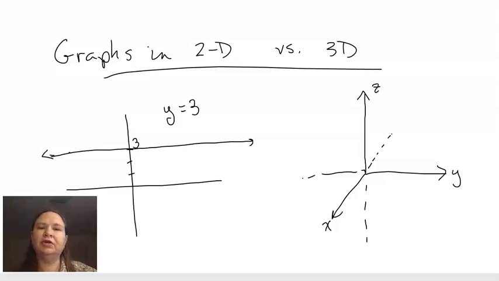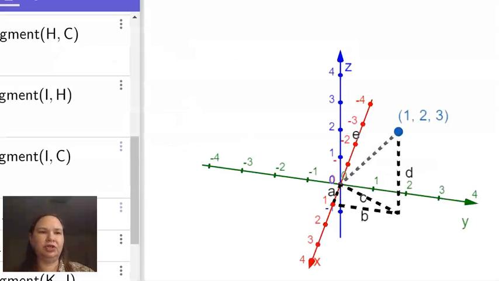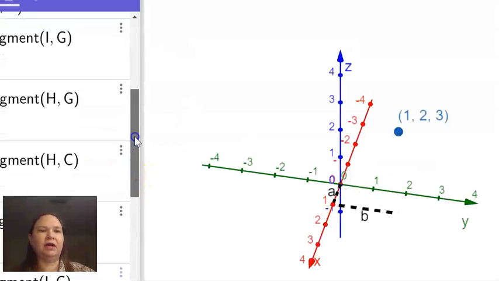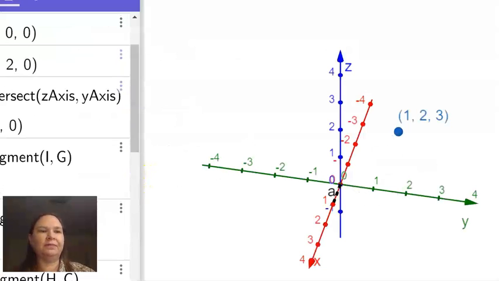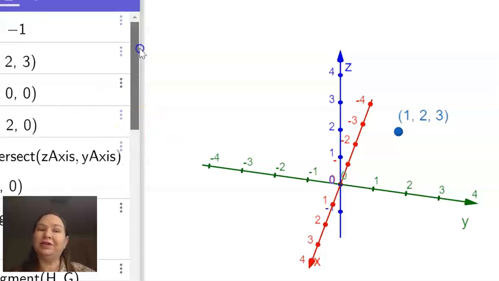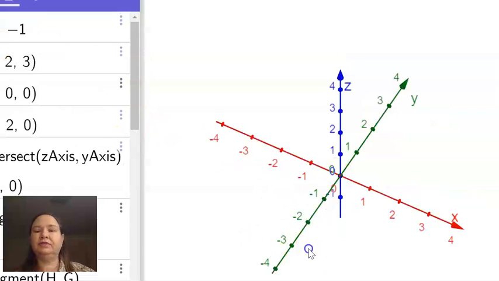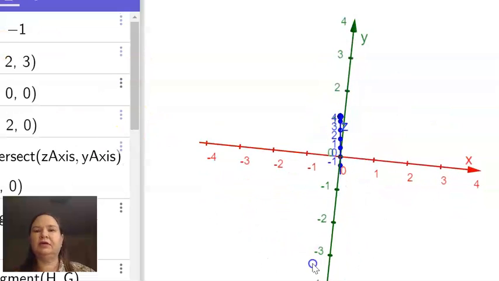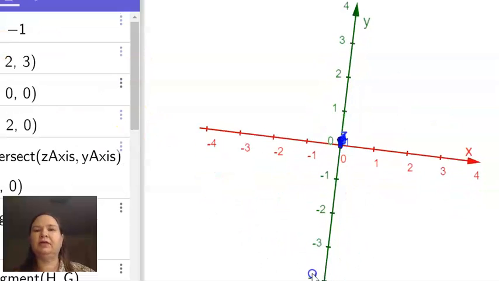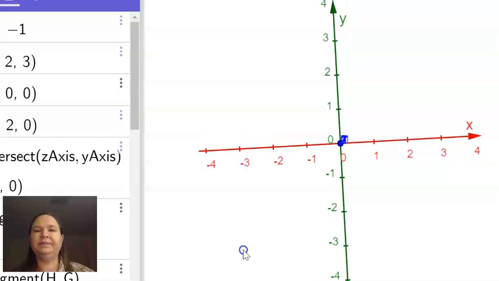All right, let's go over here to my 3D GeoGebra, and we're going to graph that line, that equation. So first of all, I'm going to turn this around, and we're going to start just by looking at the XY version.